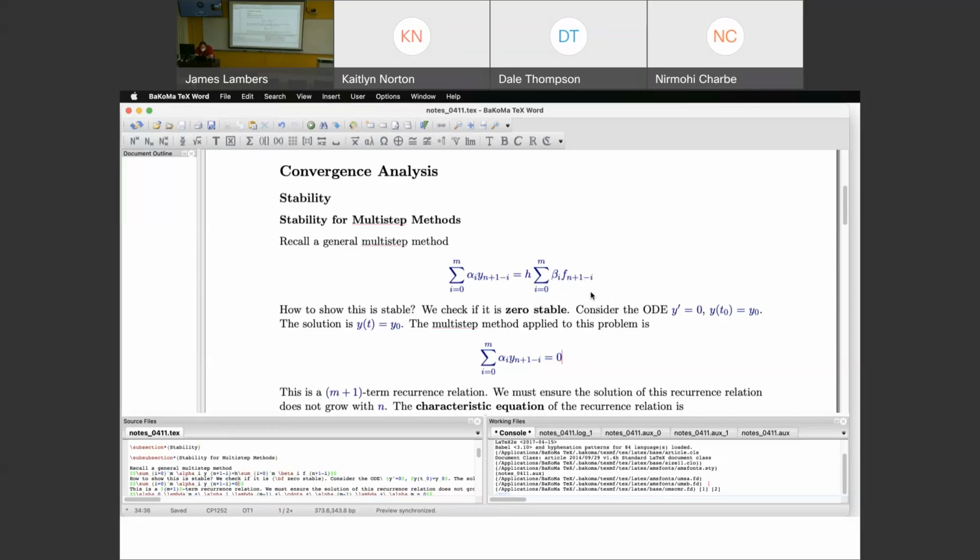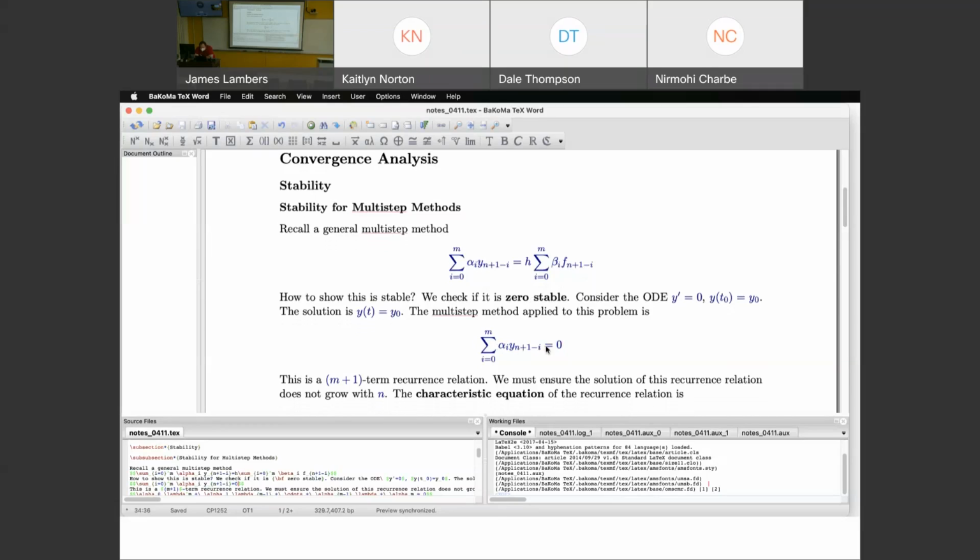And this is a recurrence relation that you would solve for values of y. There are n plus 1 terms in the sum, so it's called an n plus 1 term recurrence relation. And this is something that we know how to solve.